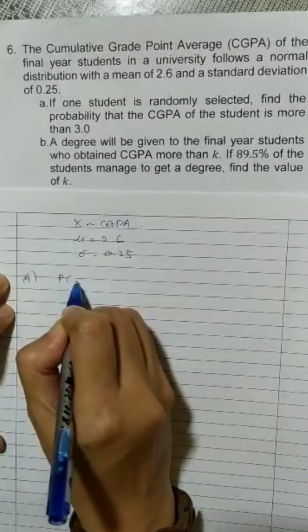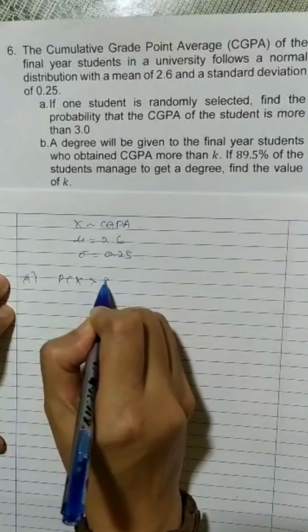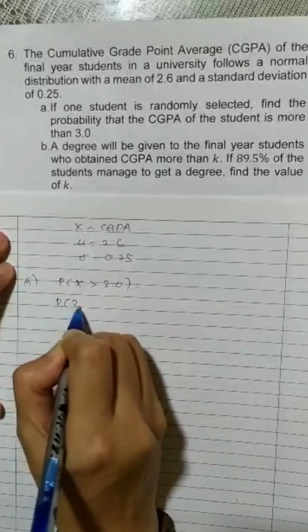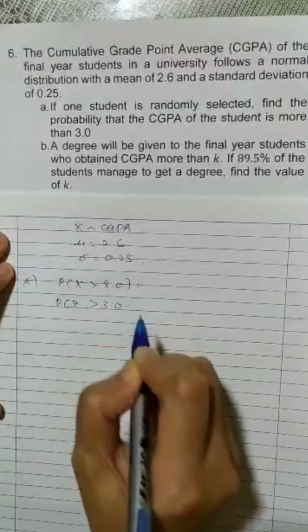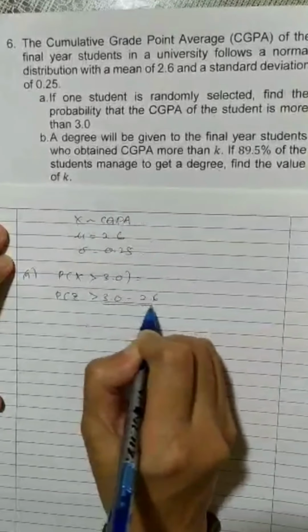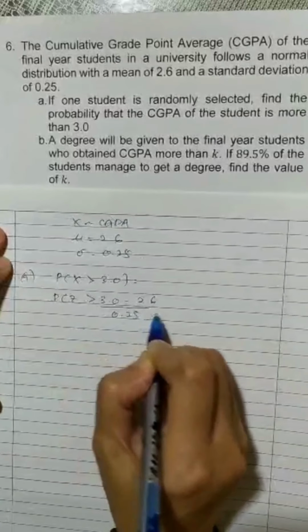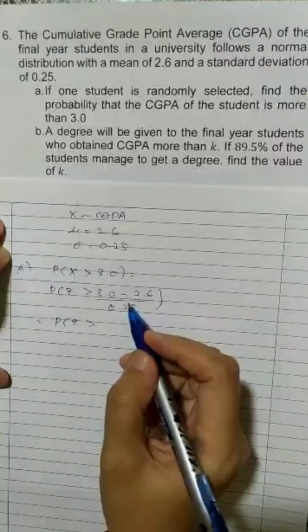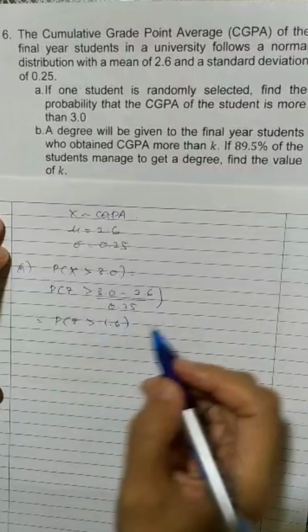So the probability that CGPA X is more than 3.0. You have to make it standard: Z more than (3.0 minus 2.6) over 0.25. Here we get Z more than 1.6.